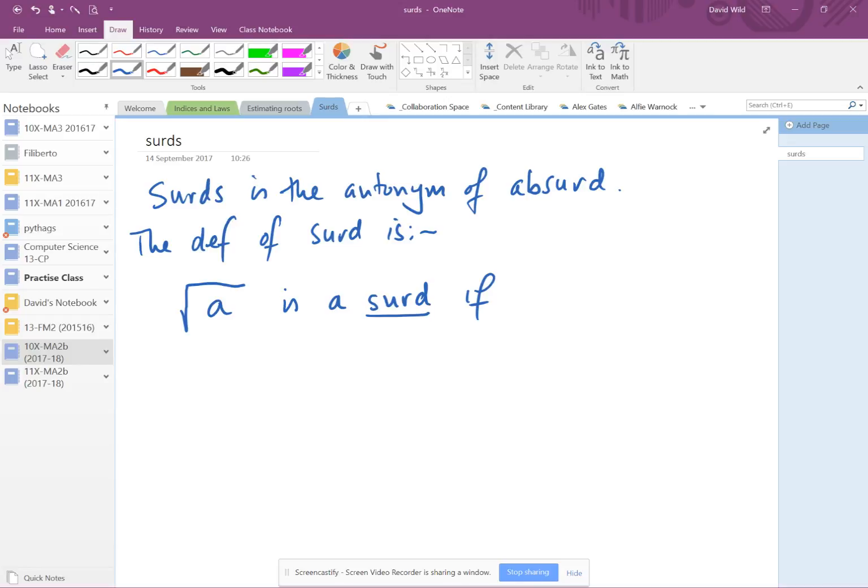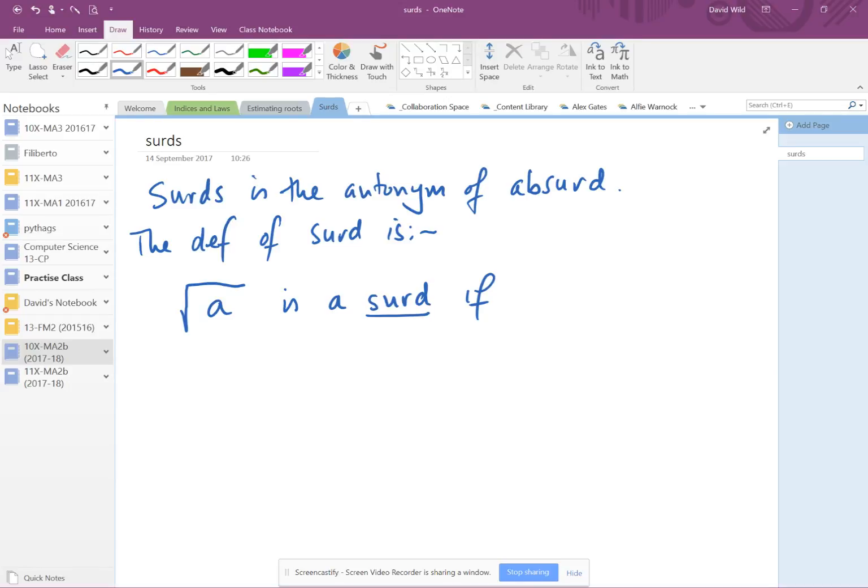Well, certainly, surds are exact. That's one thing. A surd is exact. But how can we determine whether or not root a is a surd? For example, is root 9 a surd? No. Okay. So it can be cancelled down. What determines whether it can be cancelled down, Freddie? Isn't it if it has to have a square number in it? Perfect, yes.